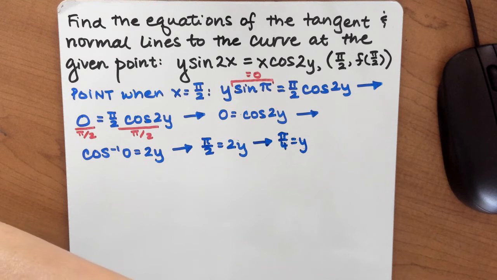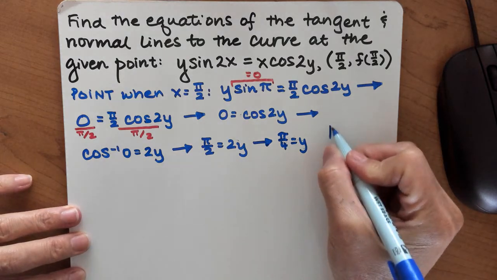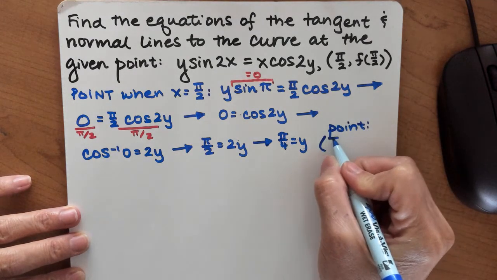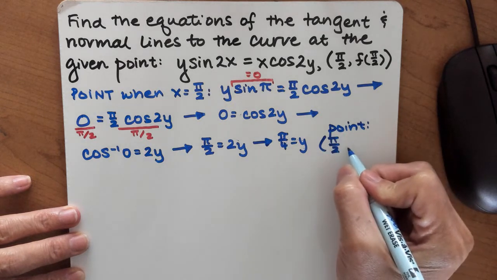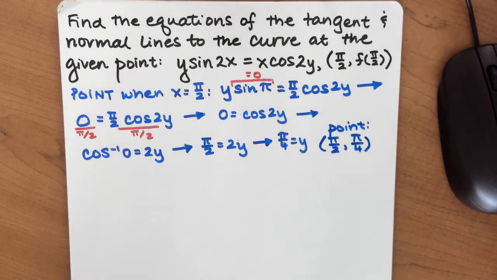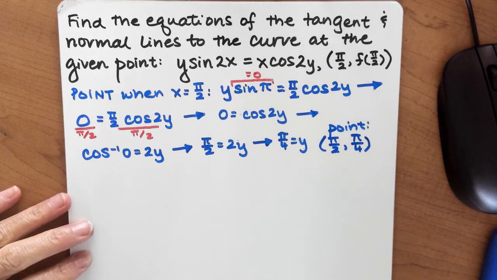So I have my point now. My point is x is pi over 2, and y is pi over 4. Okay, so I've got the first part. I'm finding the equation of the tangent line and the normal line at the point pi over 2, pi over 4 on this curve.